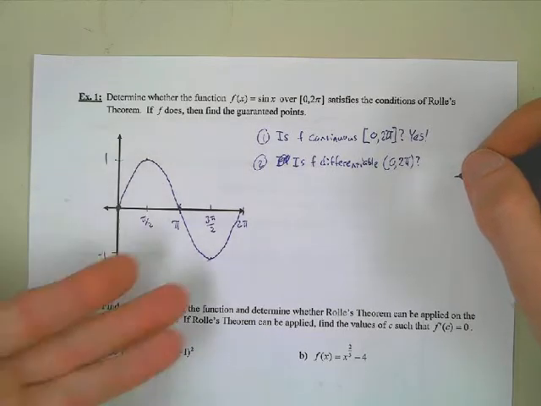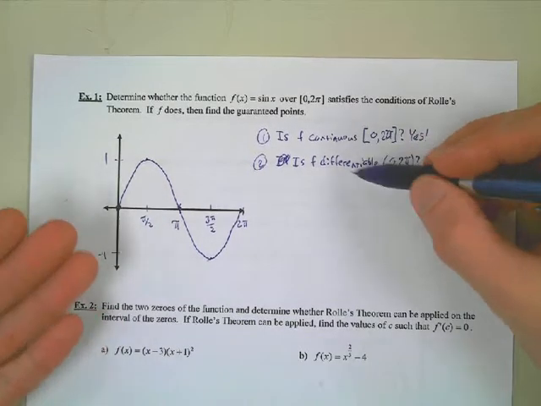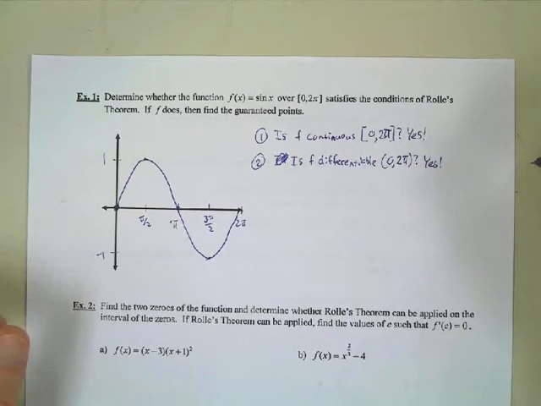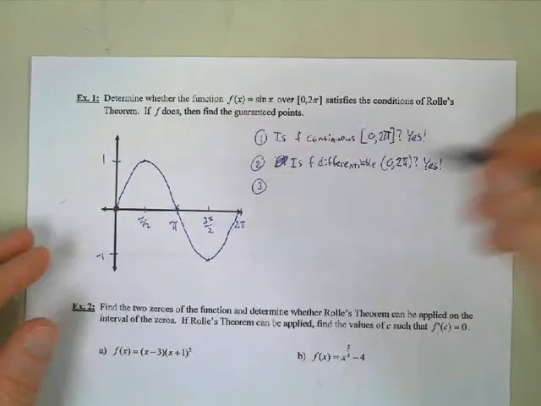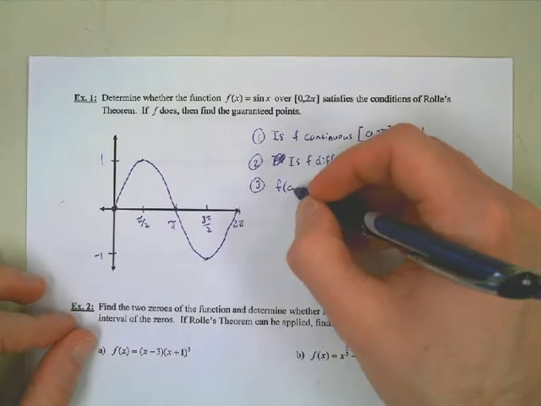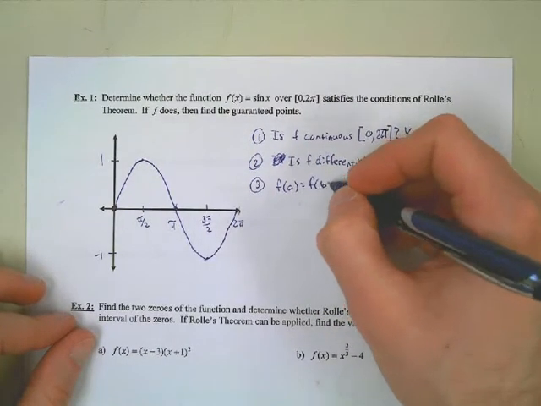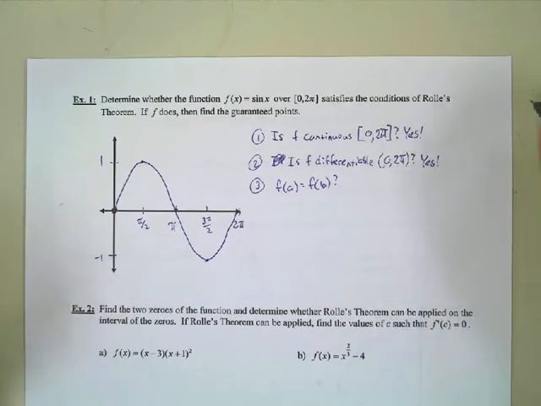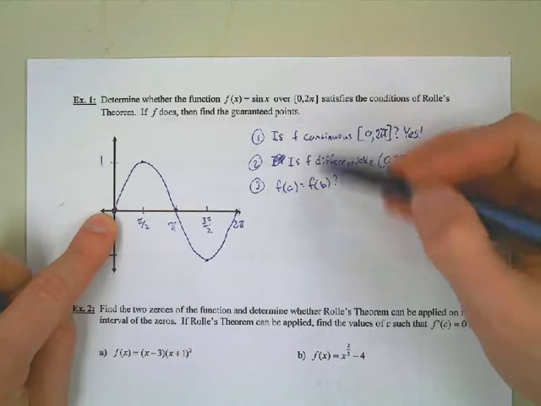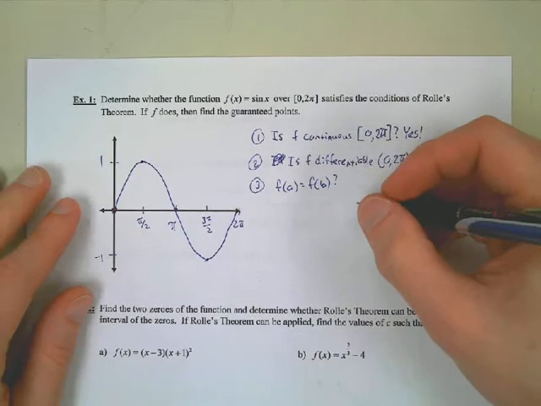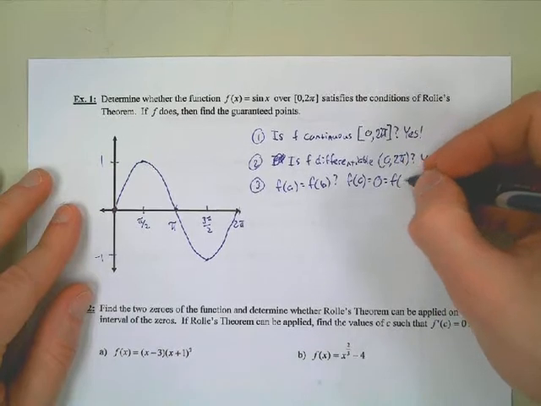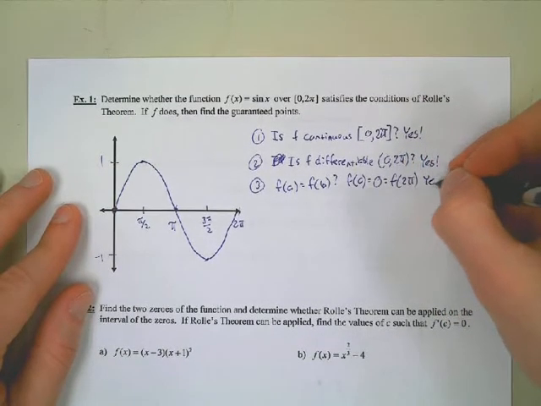Discontinuities, but we already know it's continuous, and so for differentiability, just pointy parts, and there are no points, so yes, differentiable. And finally, step three: does f of a equal f of b? Well, a in this case is 0, f of 0 is 0, b in this case is 2 pi, and f of 2 pi is 0. So yes, f of 0 equals 0, which is equal to f of 2 pi. So Rolle's theorem applies.